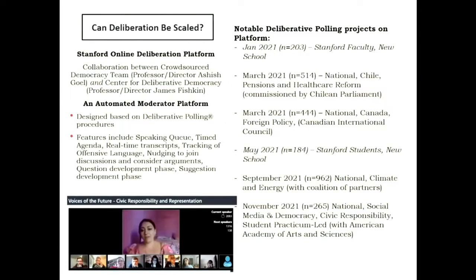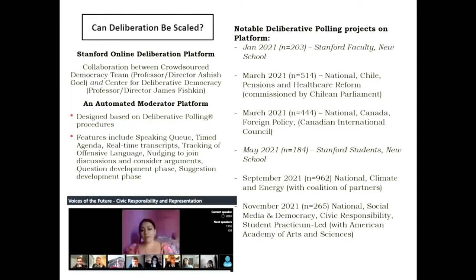And the platform has been designed based on deliberative polling methods of moderation, which means there's a speaking queue, just as you would raise your hand in a small group discussion, the platform has a queue for people to speak. People can only speak for a certain amount of time, so people can't take over like us in this webinar.